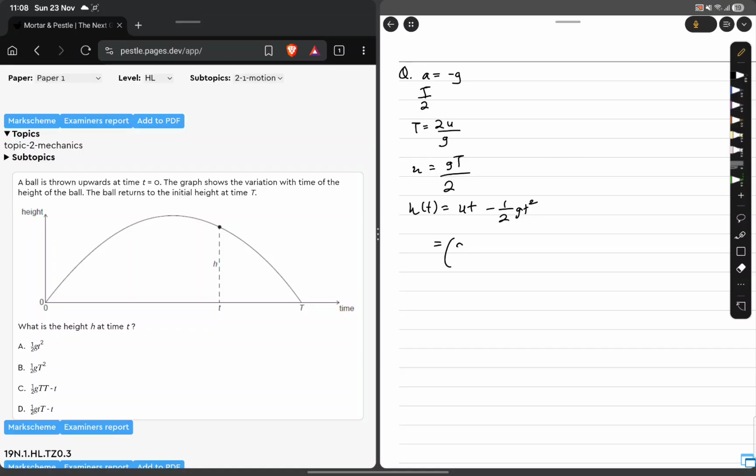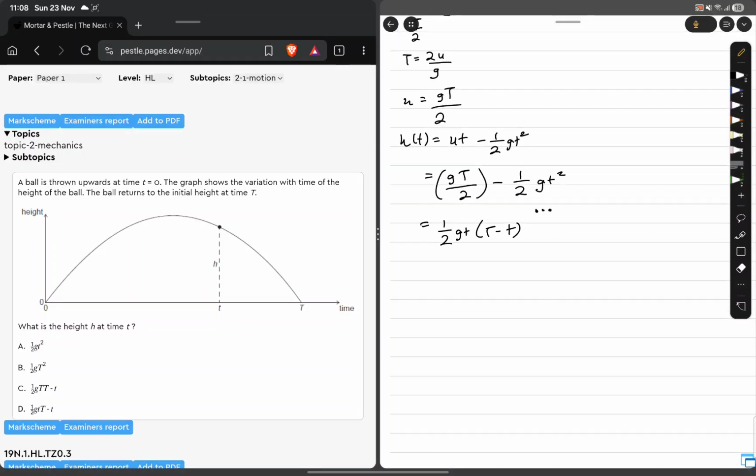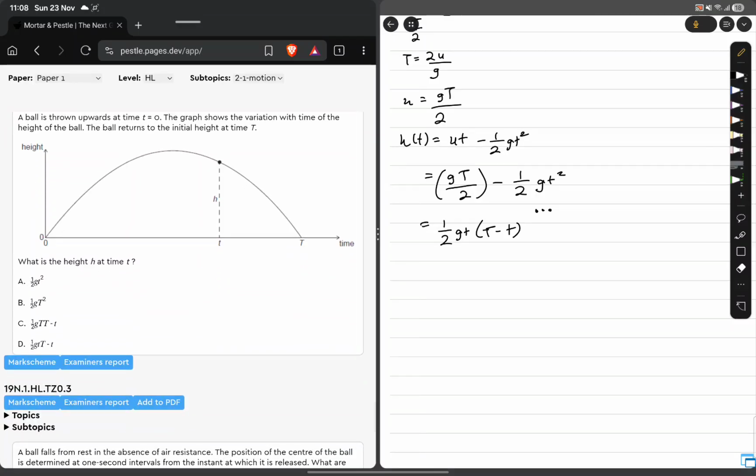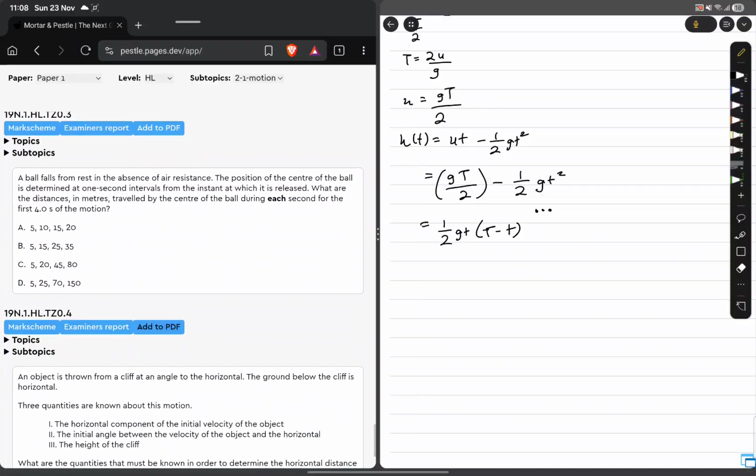And then we plug in the previous thing, and then we simplify until we get half g t (t minus t). And this corresponds with option D, which again needs brackets in it. It's the correct answer.